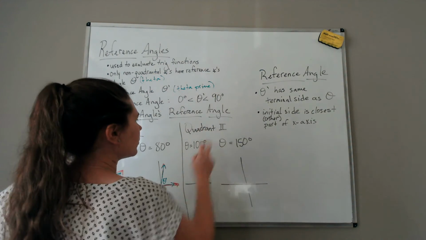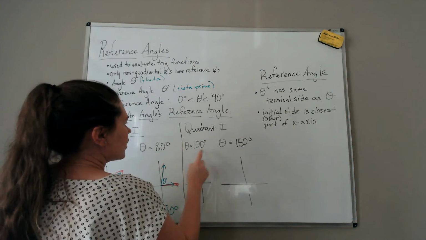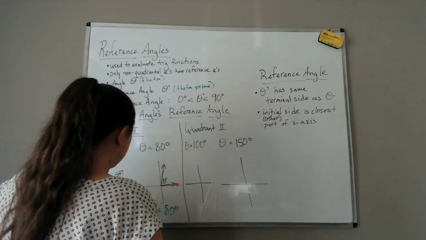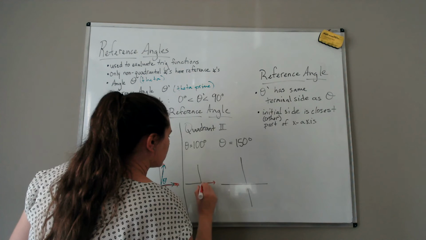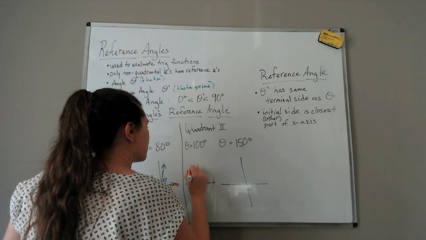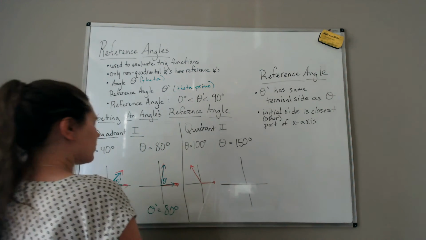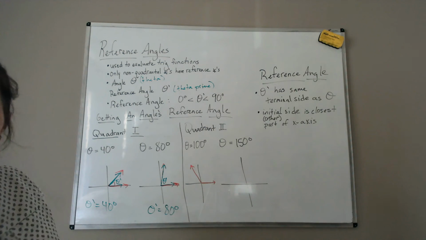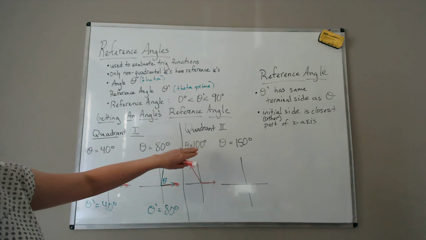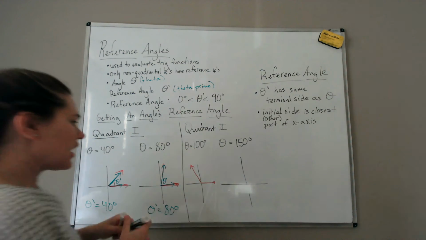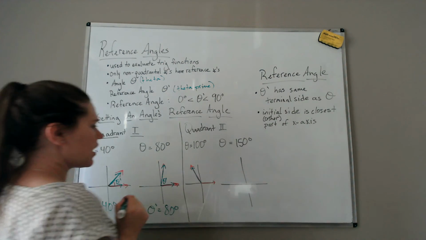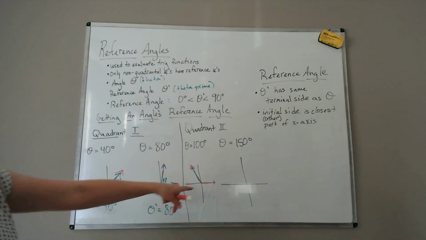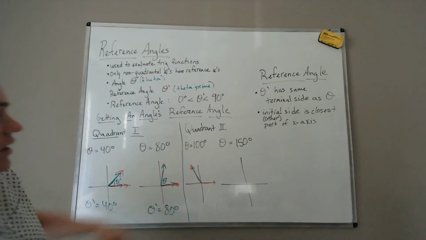So quadrant 2. Theta is 100 degrees, so let's draw that. So we rotate, so we're here. So theta prime, the reference angle to an angle that's 100 degrees, has the same terminal side, but where's the closest x-axis, here or here?